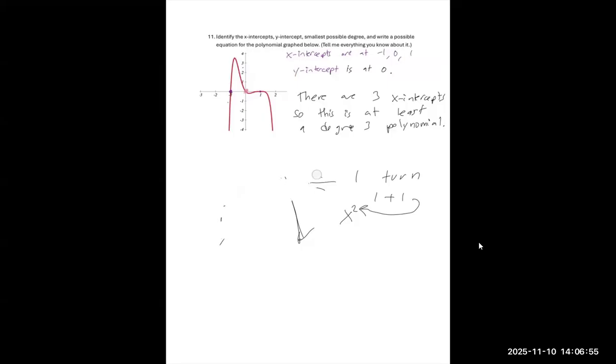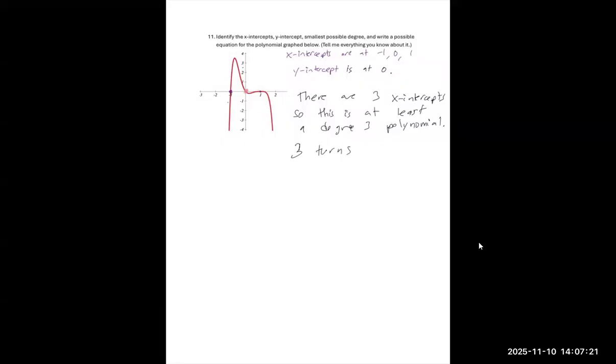So I'm going to count my number of turns in this picture. I'm going up, going up, going up, turn, going down, turn, going down, turn. So there was 1, 2, 3 turns.